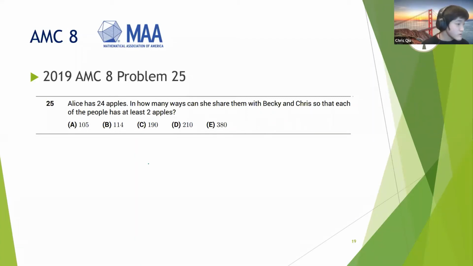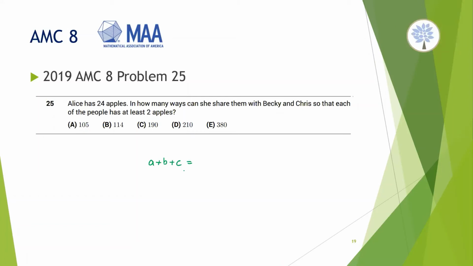So we can denote the number of apples that Alice gives to herself as A, and then the number of apples that she gives to Becky as B, and then lastly, the number of apples she gives to Chris as C. In this problem, she has a total of 24 apples.